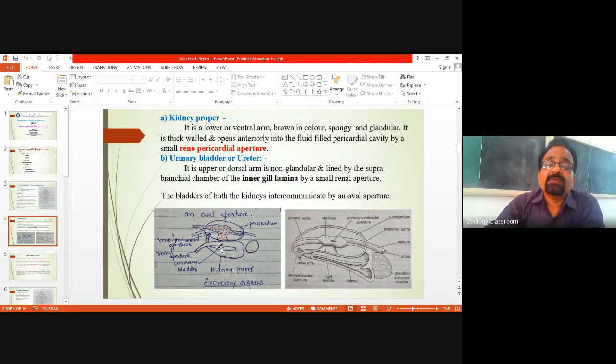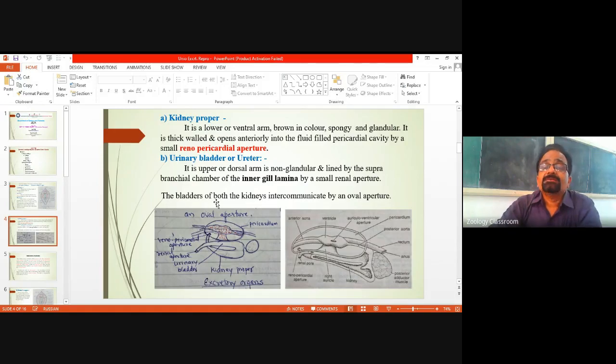So the kidneys have two limbs. This is the lower or ventral, and this is the upper or dorsal. This runs anteriorly and opens into the pericardium, and this aperture is called the renopericardial aperture, while the dorsal or upper arm turns back and has a renal aperture opening into the suprabranchial chamber lying above the inner gill lamina.